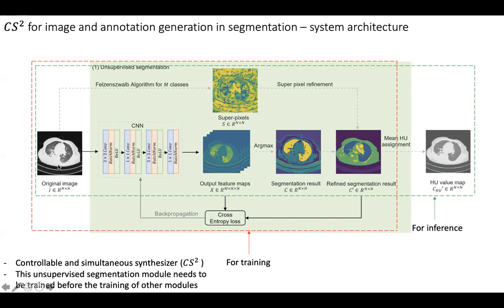Let's go back to the input image. Apart from feeding into this convolutional neural network, it's also fed to an algorithm, and this algorithm will give us a superpixel image S. It has the same resolution as the input image, and this superpixel image will be combined with the segmentation result we obtained from the convolutional neural network to get a refined segmentation result.